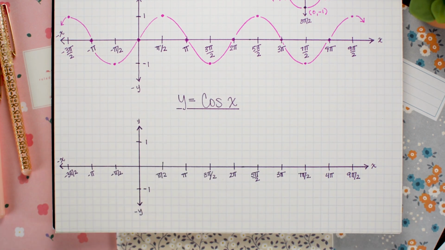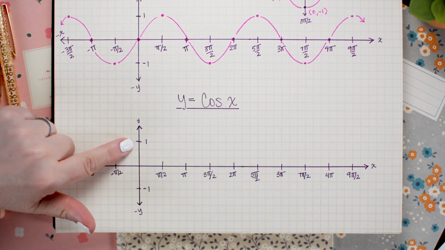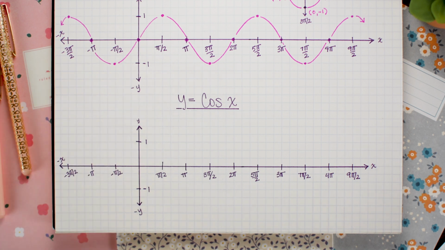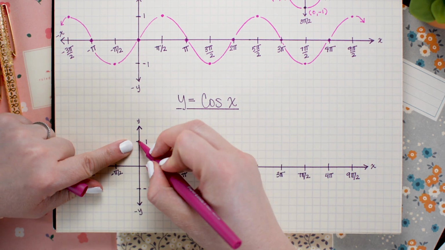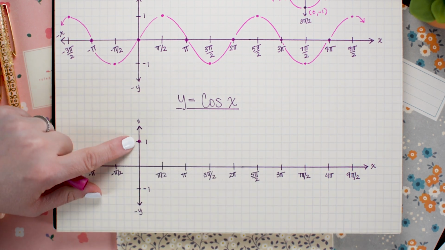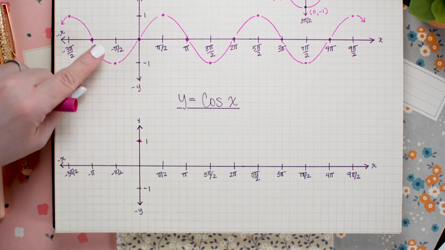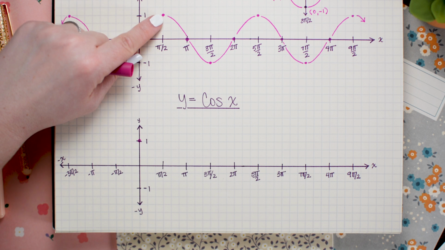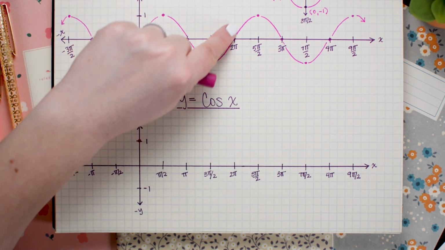All right, so now that I have this all sectioned out, the next thing I want to do is add those important points. So the cosine function always starts at a positive 1. So I'm going to place a point right here at 0 radians and 1 unit up on the y-axis. Now, just like in our sine function, it's going to follow the same sort of pattern of falling and rising.